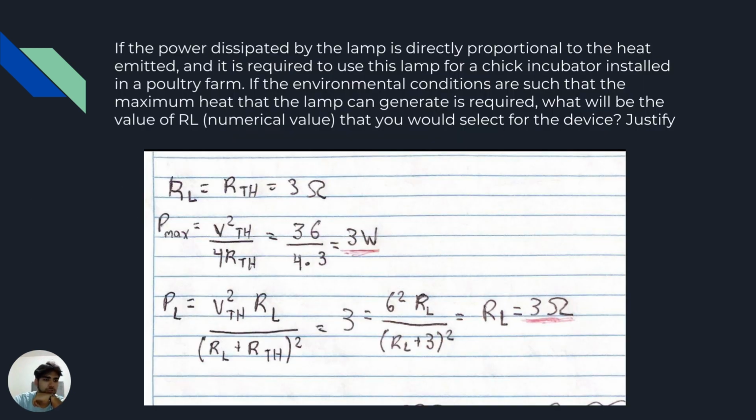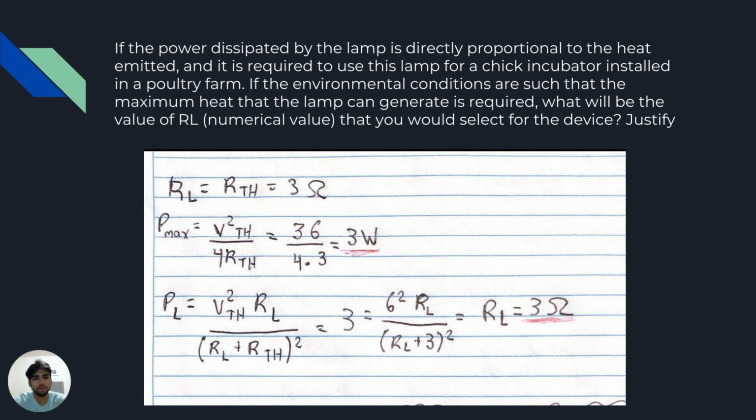In the first situation, we see a problem where we need to obtain the value of RL, that is the resistance put in between A and B. We can see right here the formula of the power transfer, the maximum, the general formula.